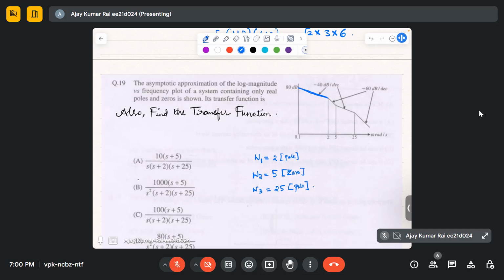It tells about how many poles we have at origin. So what does this minus 40 dB per decade convey to us? I already told you we have some poles at origin. How many poles do we have at origin? Just by looking at the slope, you can tell me.